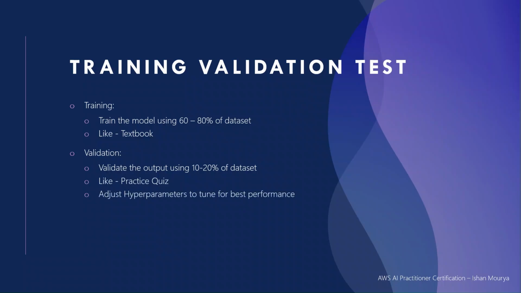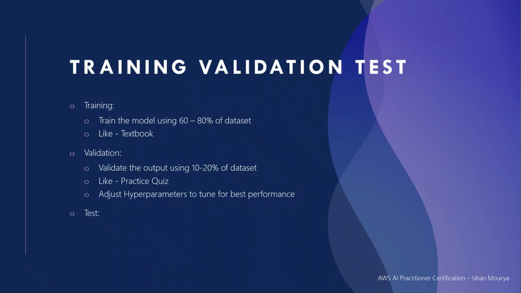If we are not satisfied with the performance of the model, there are some hyperparameters of the model which we can tune. What these hyperparameters are, we will discuss in a later section, but for now just remember that we can tune the hyperparameters to optimize the performance in the validation step.